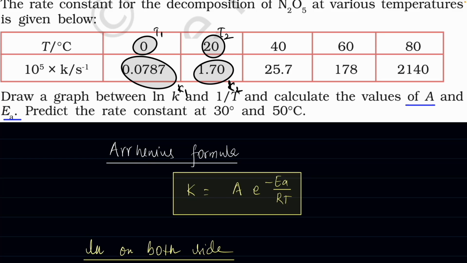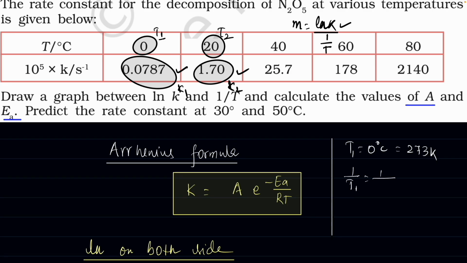So in the relation, if we have to find the slope, we have to write ln k by 1/T. So we need to convert these K1 and K2 in terms of ln k and this temperature in the reciprocal form. So let's first do that part. T1 is equal to 0 degrees Celsius. It's equal to 273 Kelvin. So 1/T1 is equal to 1/273 Kelvin.